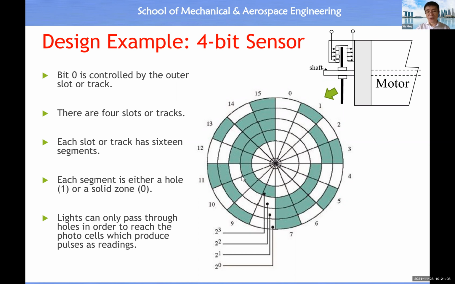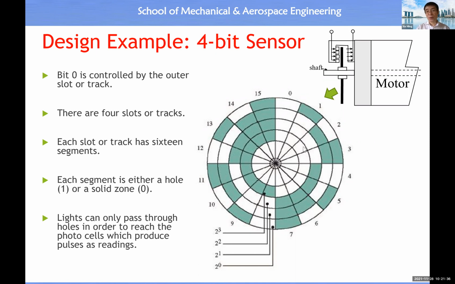All right, so this is a design for the disk. You have a transparent segment, opaque segment, etc. For position 0, you will see the light can pass through all the segments, giving 0, 0, 0, 0. For position 1, the sensor will get the output 0, 0, 0, 1.